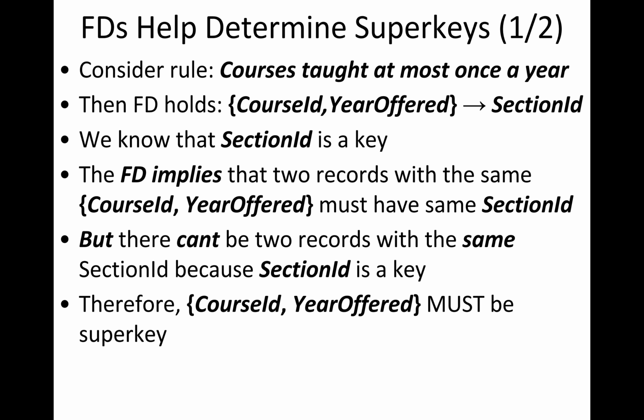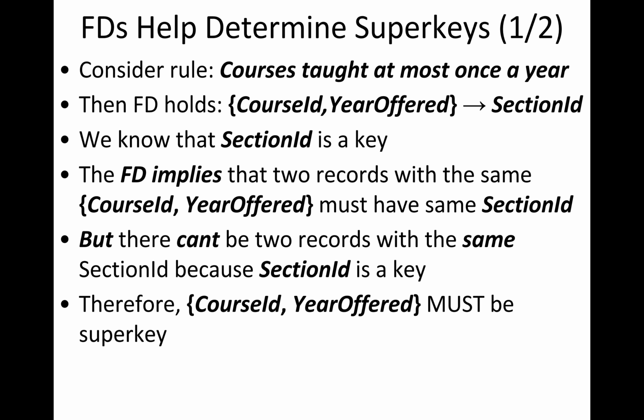That means that if you know the course ID and you know the year that it was offered, then you know the section that it's being taught. And because you know that section ID is unique, because section ID is a primary key, it's already been determined that it's a primary key.